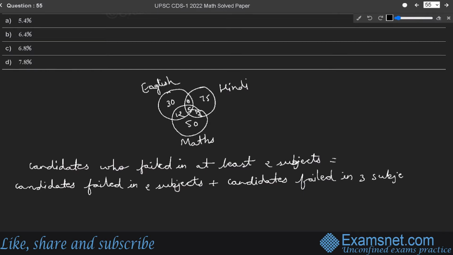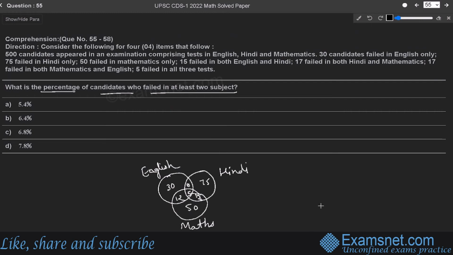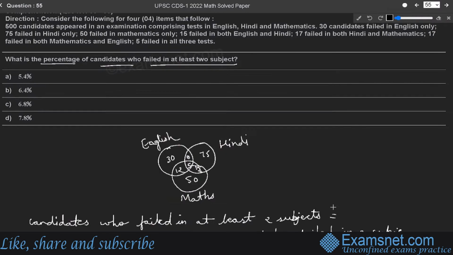You can see in the question the values are given. Candidates who failed in only English and mathematics are 12. Candidates who failed in only English and Hindi are 10. Similarly, candidates who failed in only Hindi and mathematics are 12. And candidates who failed in all the 3 subjects are 5 candidates.